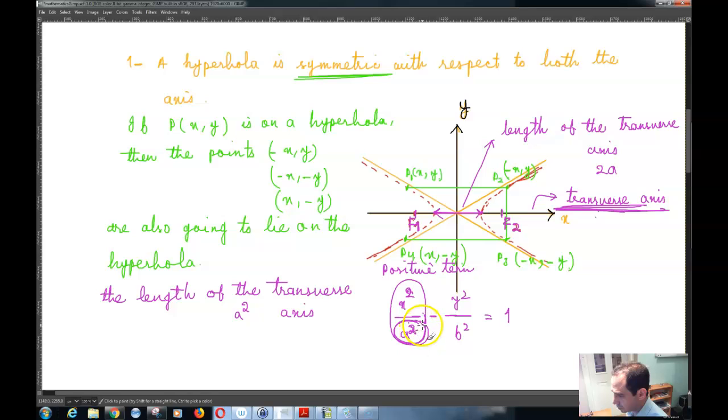Then you can figure out what your a is from here, take the square root of a squared and multiply it by 2, and that gives you the length of the transverse axis. So that is that.